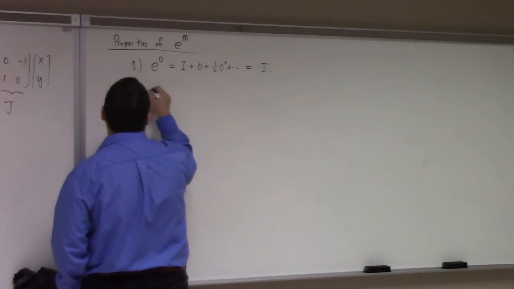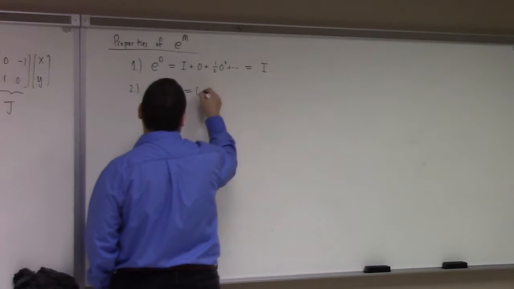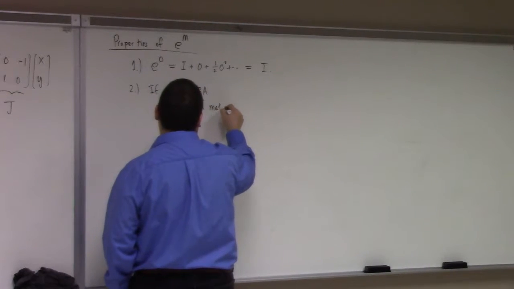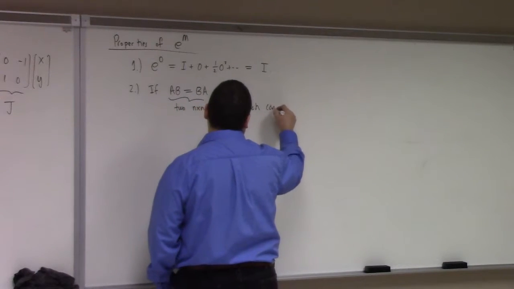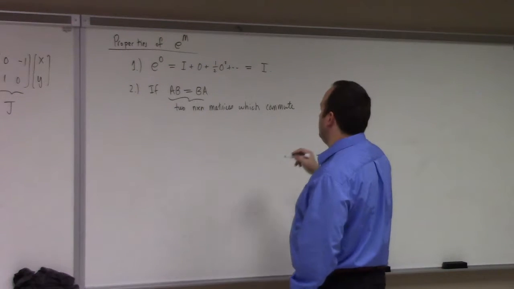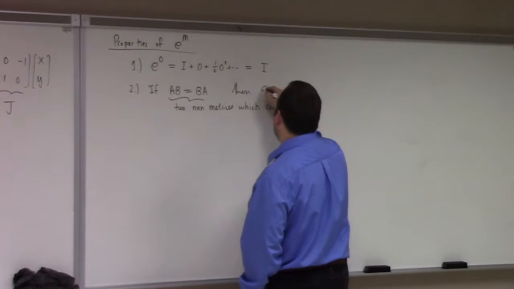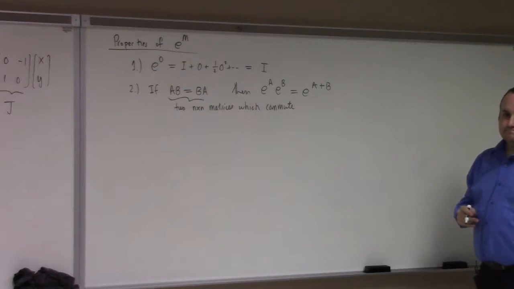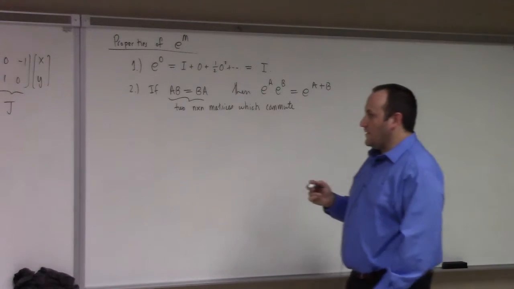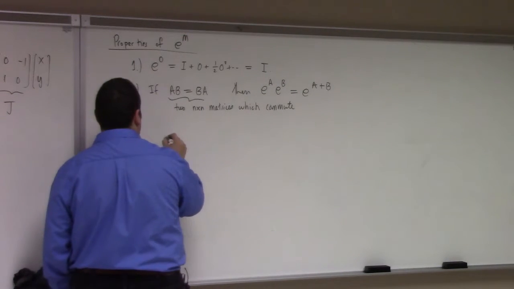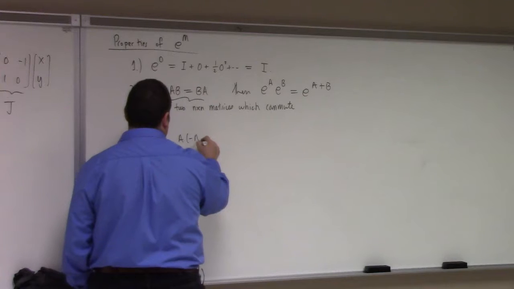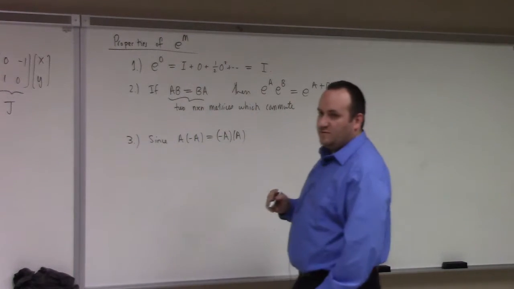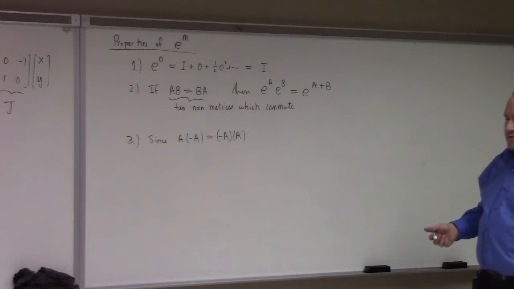Also, number 2, if you have A times B equal to B times A, two matrices which commute, then we have that e to the A times e to the B is e to the A plus B. Three: since A times minus A is equal to minus A times A, in other words, the matrix commutes with its negative, we get laws of exponents in this case.